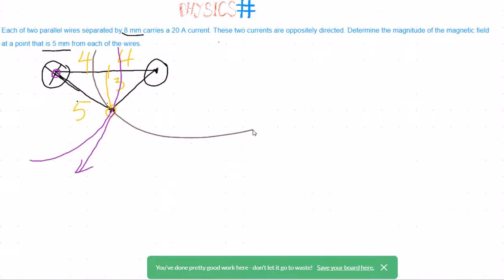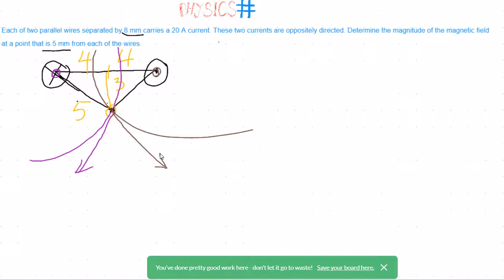If you imagine that this is a circle, obviously it's not, then the direction of the magnetic field due to this current is basically going to go this way.